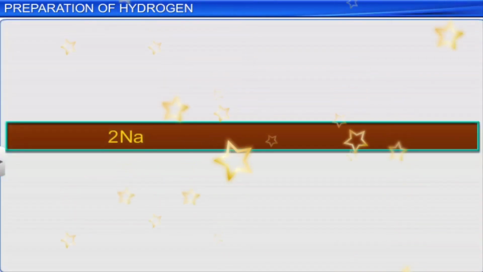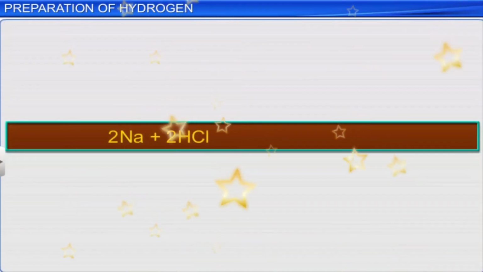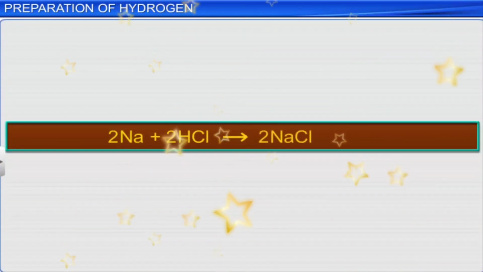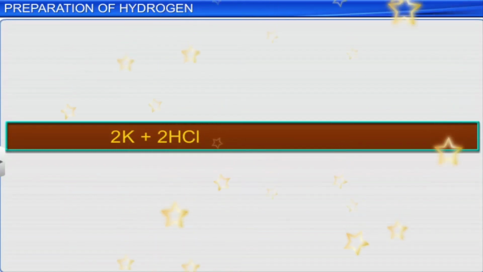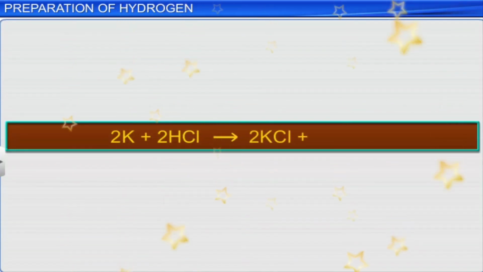Sodium reacts with dilute hydrochloric acid to give sodium chloride and hydrogen. Similarly, potassium reacts with dilute hydrochloric acid to give potassium chloride and hydrogen.